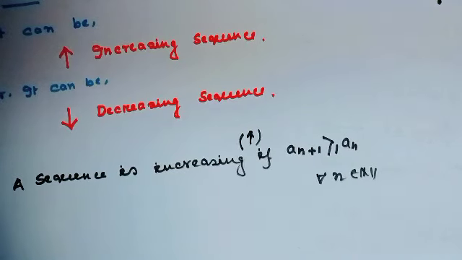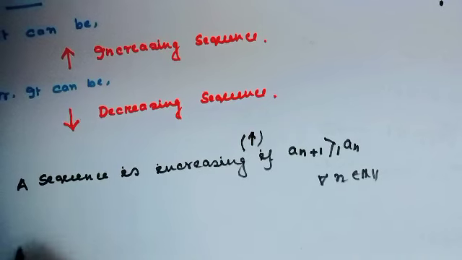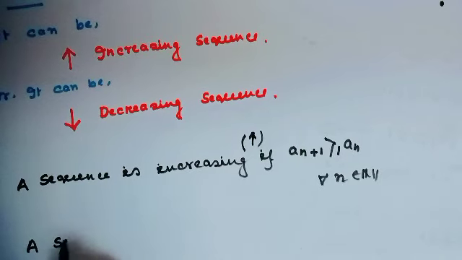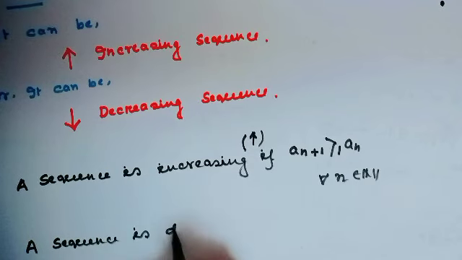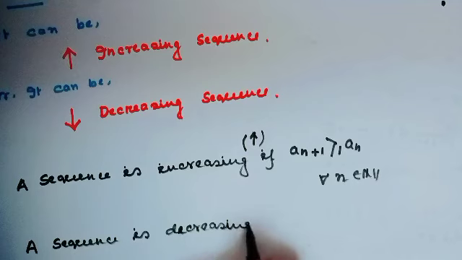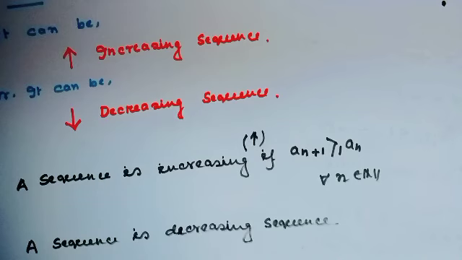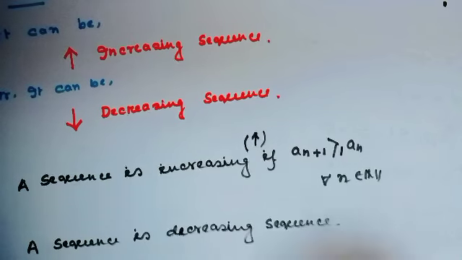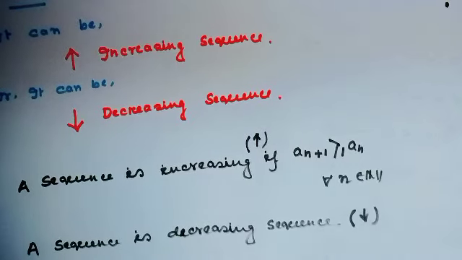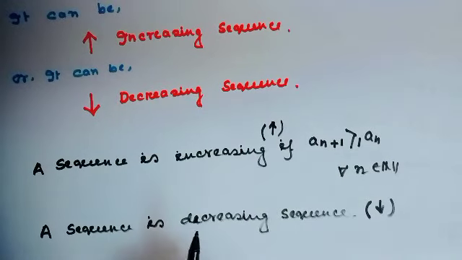And a sequence is a decreasing sequence, which is denoted as this arrow, if the next term is always less than the previous term.